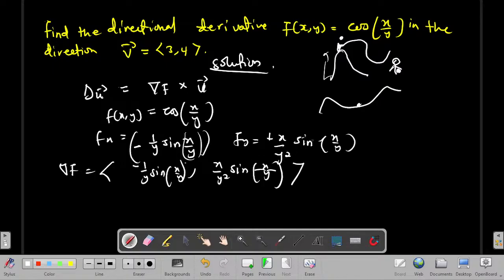Then close it. What is my unit vector? My vector is given as 4, therefore the length is 4, and I have 1 over the length times the direction.